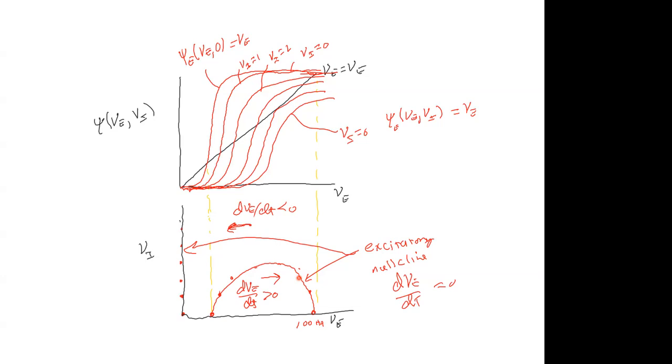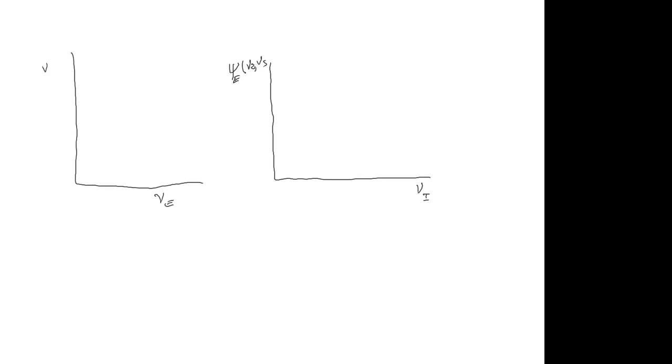Now we're going to do the exact same thing for the inhibitory nullcline. That's actually easier. So we're going to plot again psi I, this time psi I of nu E comma nu I versus nu I. And over here, we're going to put our nu E, nu I axis. Now we can do the same thing. If nu E equals 0, what happens?